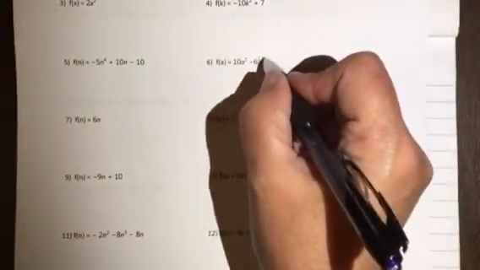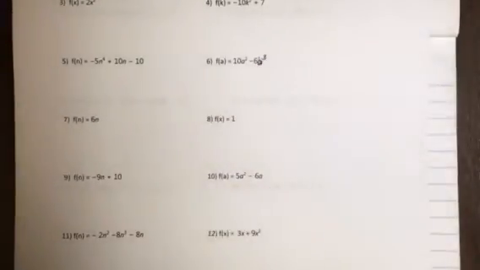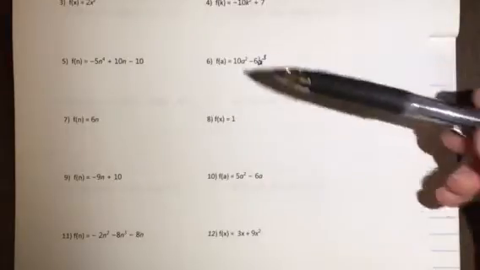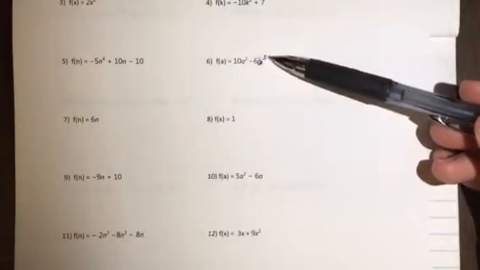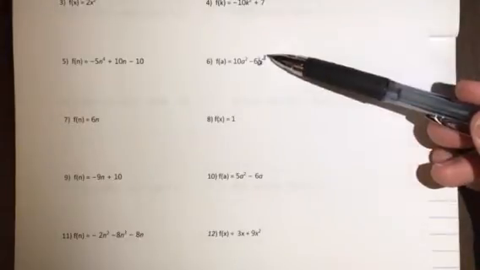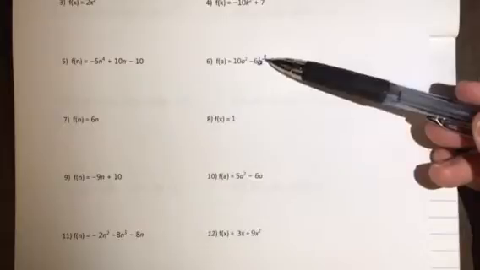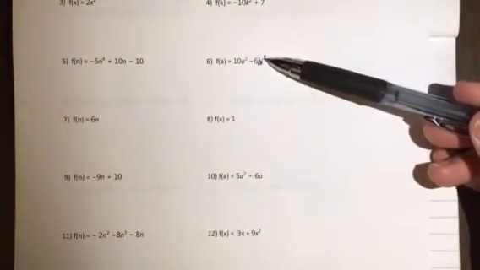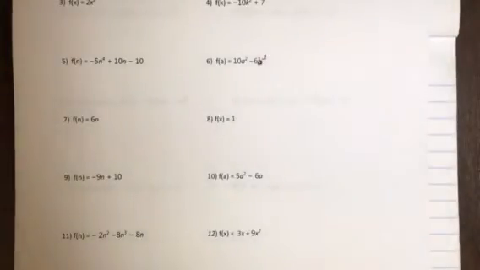Sorry, guys, that's a typo. So that really should be 6a to the 3rd. All right. So the leading term is 6a to the 3rd. The leading coefficient is a 6. The degree is 3. It's a 3rd degree polynomial. And its name is cubic. All right.